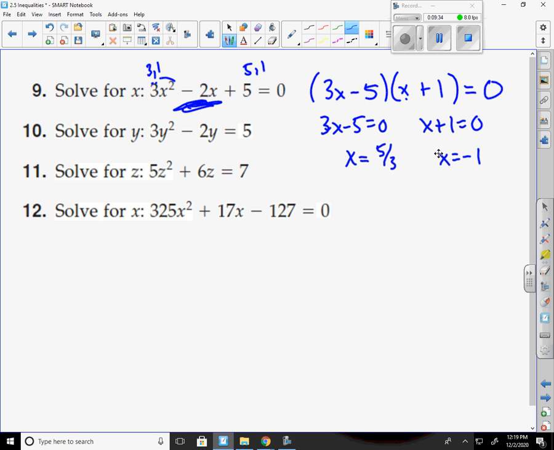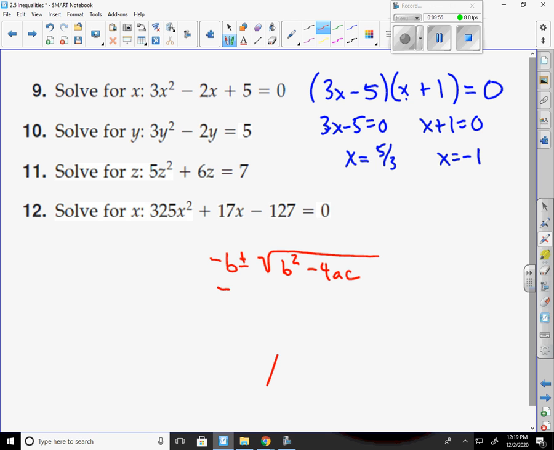If I wanted to use the quadratic formula, the nice thing about it is it works every single time. So, if I use the quadratic formula for that, you should remember what the actual formula is. Negative b plus or minus the square root of b squared minus 4ac all over 2a.